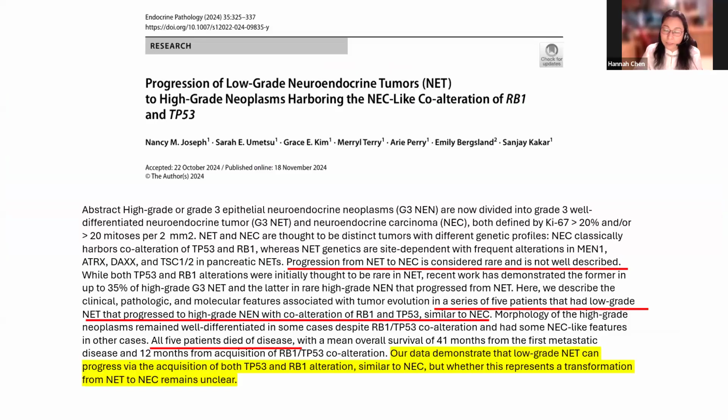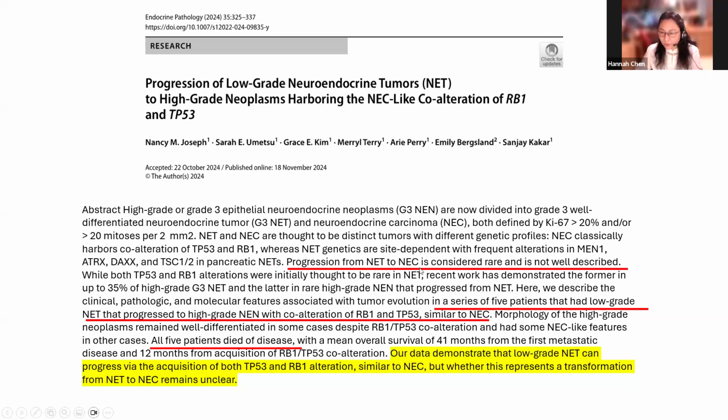This paper was also published, in 2022. This one shows the abstract. Let us focus on a few highlighted areas. We can read together.